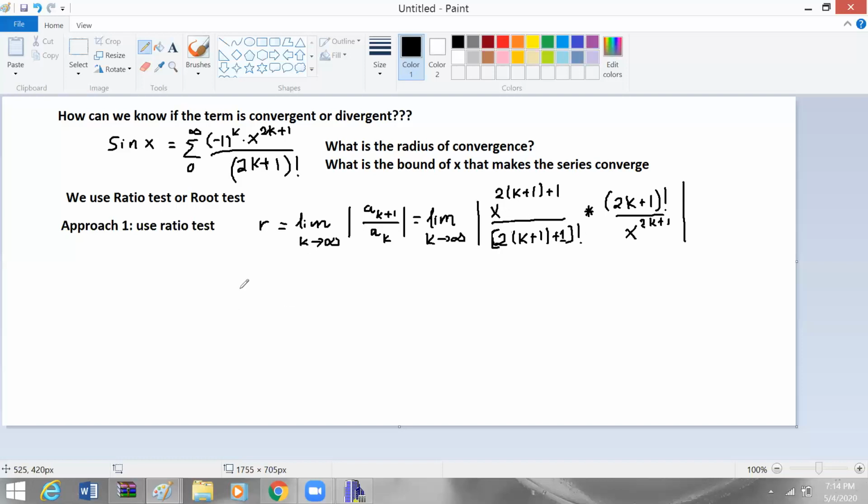Then I can simplify that part. So before we simplify, I need to solve for this part. That will be the limit as k goes to infinity. For x to the 2k plus 1 plus 1, that'll be x to the 2k plus 3. So a_(k+1) becomes x to the 2k plus 3 over 2k plus 3 factorial.